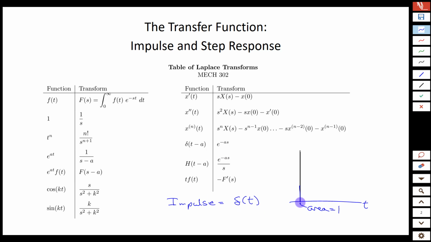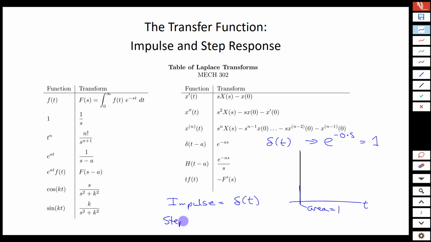If we do an impulse at time 0, that is simply delta of t. When we transform that, we get e to the negative 0 times s, which is of course just 1. This is a convenient thing to have in your transform function because it just ends up not affecting anything mathematically. All right, so that's the impulse.